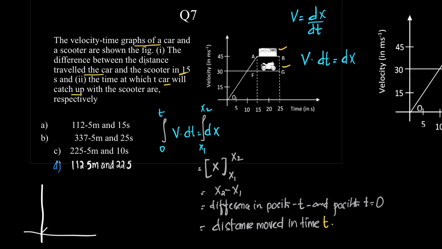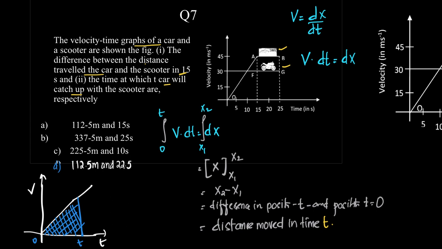Say for example, if this is the graph, with velocity on the y-axis and time on the x-axis, then integral 0 to t means this much area under the graph from 0 to t.